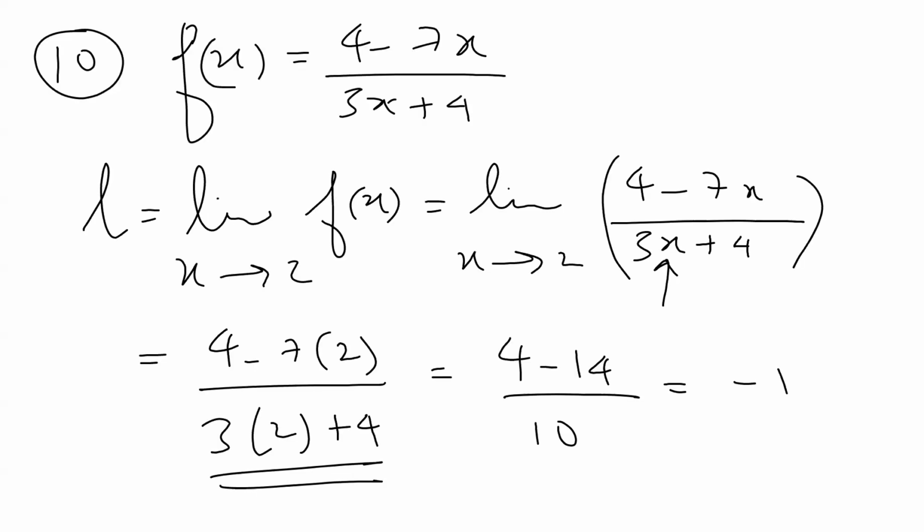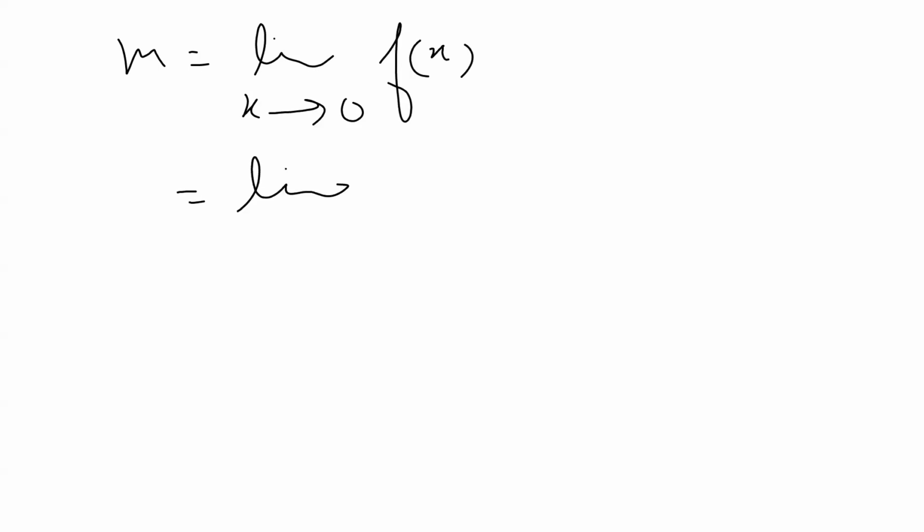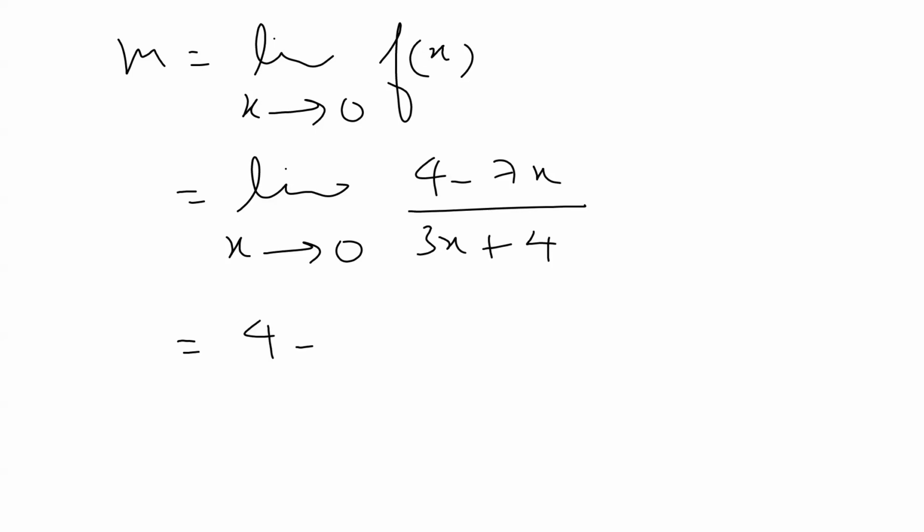M, I think, just a second, no, that's correct. So M is limit x approaching towards 0, f of x. F of x is equal to 4 minus 7x upon 3x plus 4. So put x as 0.